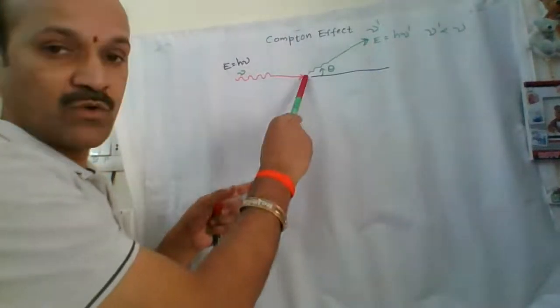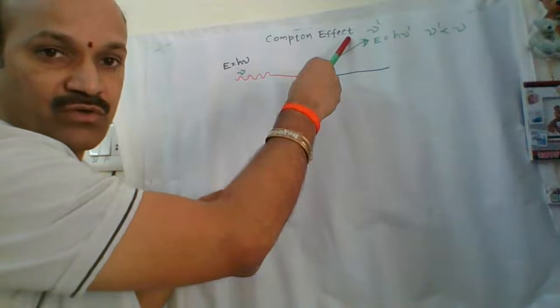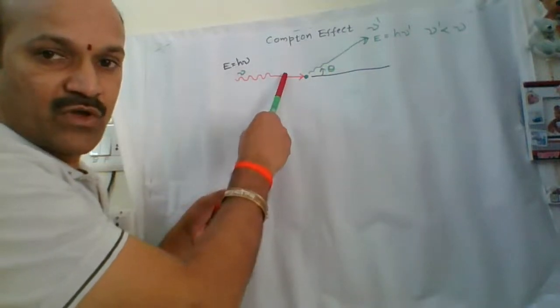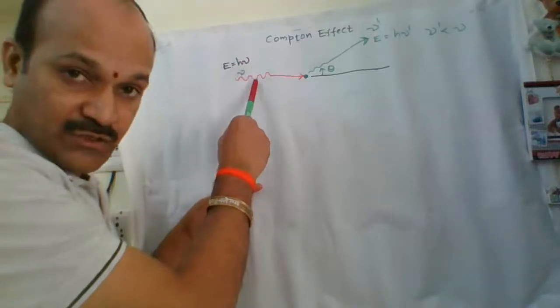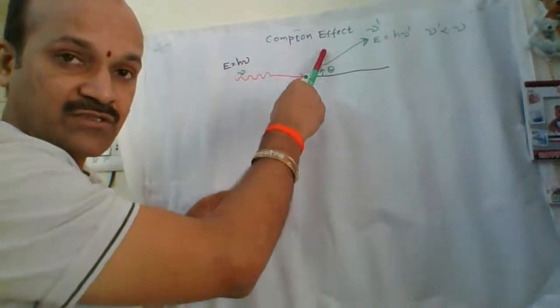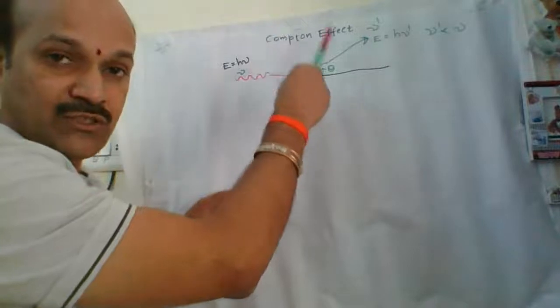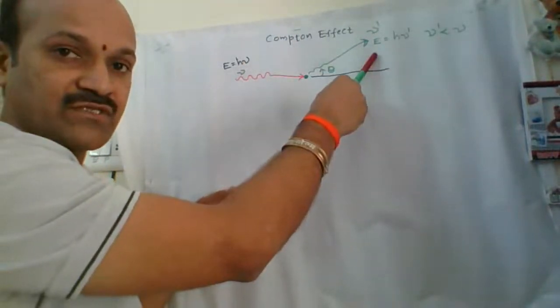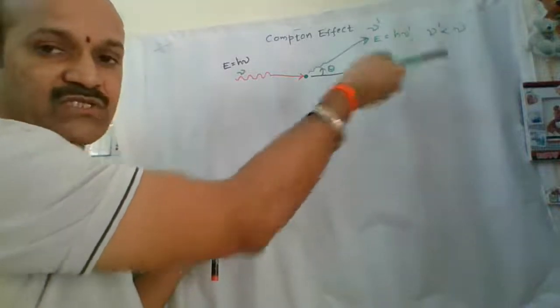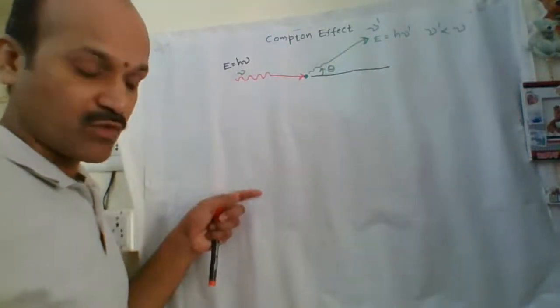The incident photon energy is h nu, the scattered photon energy is h nu dash, and h nu dash is always less than h nu. That means the frequency of the scattered photon is always less than that of the incident photon.